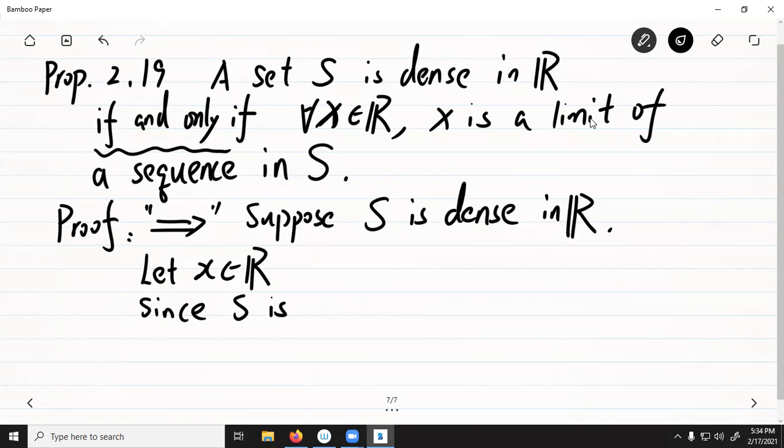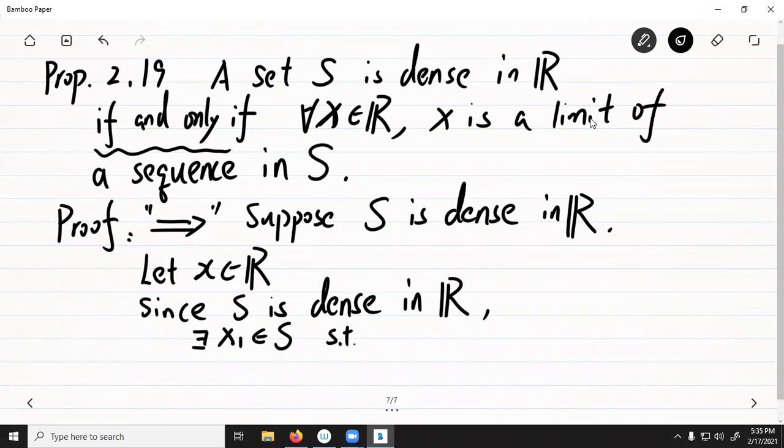So what's the meaning of dense? Dense means for any interval, you must have at least one element in S. Since S is dense in R, there exists X1 in S such that X1 is in the interval from X to X plus 1.